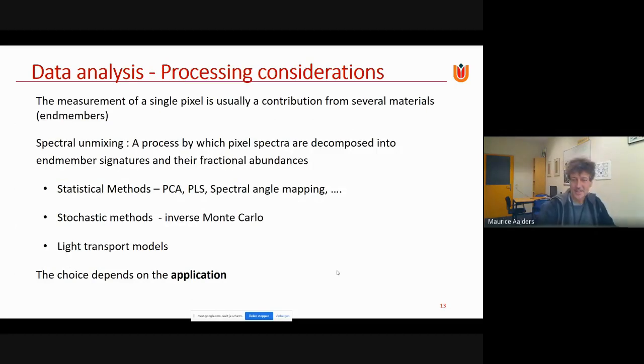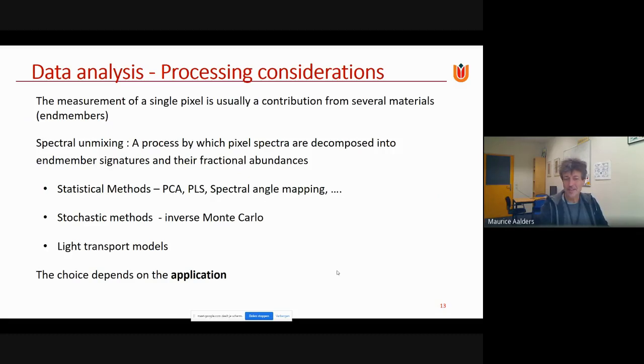The data analysis: say we have a very nice calibration, we did a very good pre-processing, and then you will end up with something that consists of your absorption properties and your scattering properties. Now, say you want to unmix your spectrum.